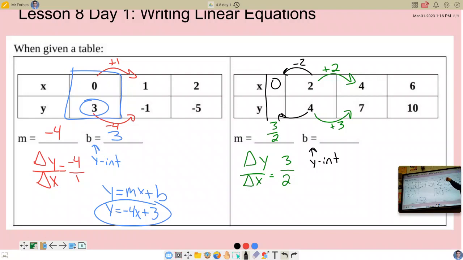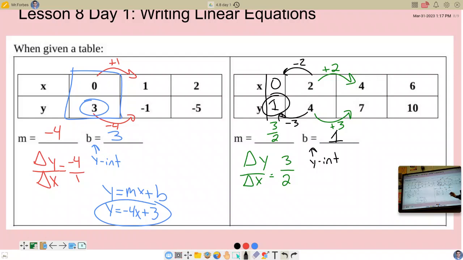Minus 3. Because when I went up 2, it went up 3. So if I go down 2, I'm going to go down 3. So 4 minus 3 would be 1. So my y-intercept is this value right here. So that's my b value. So my b value is positive 1.